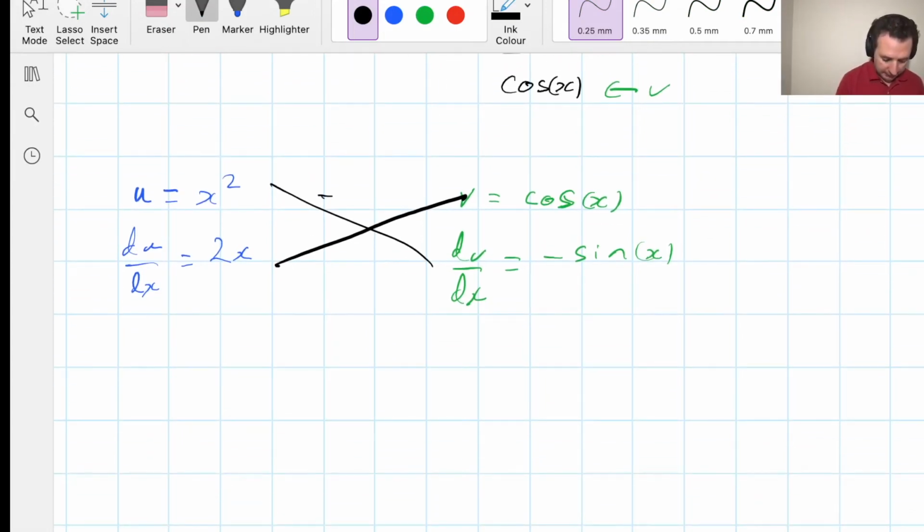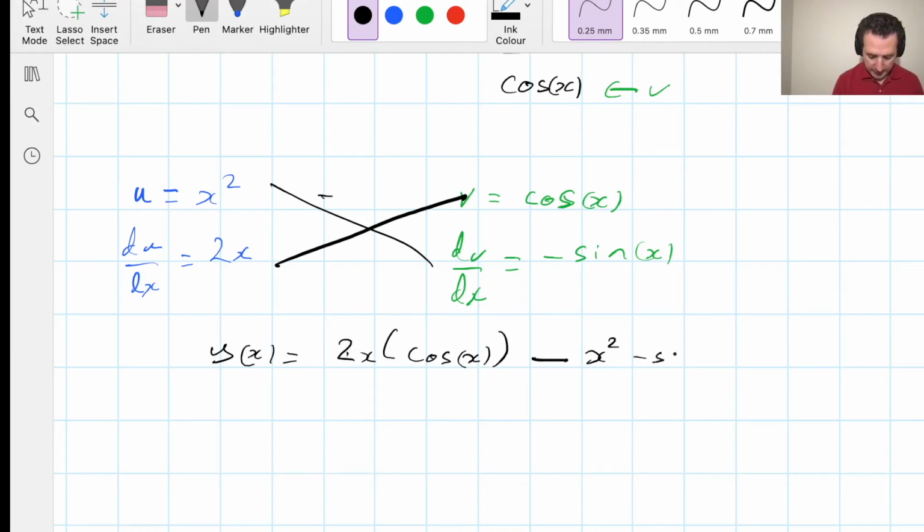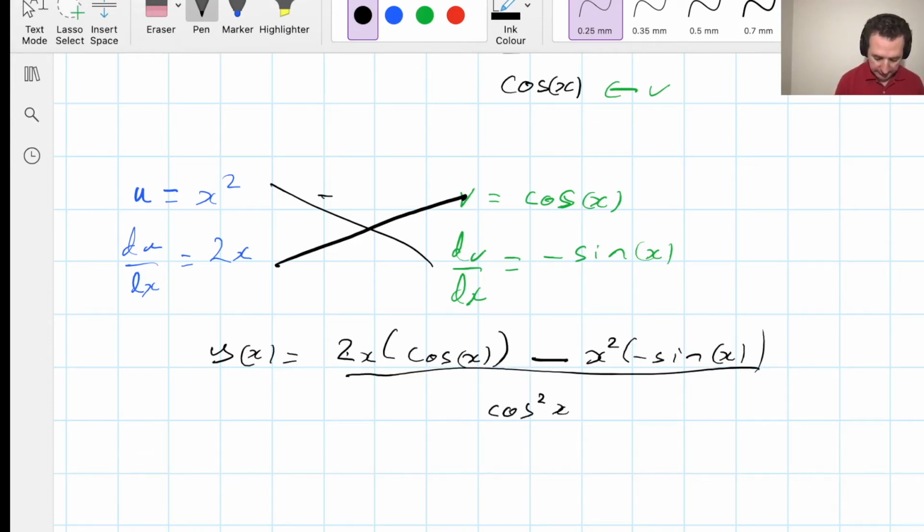So on the top of the line, y(x) is equal to 2x times cos x minus x squared times minus sine x. And all that is divided by the original cos squared x.